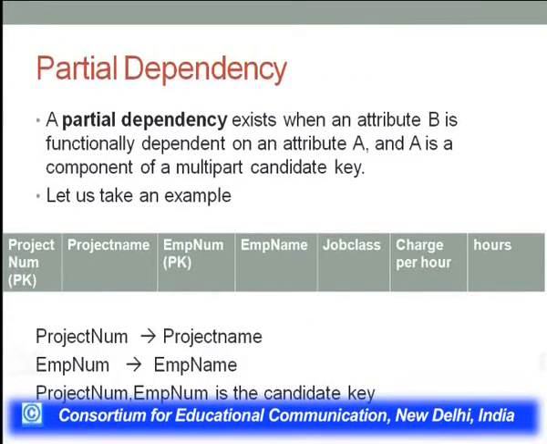So, besides functional dependency, there are other types of dependencies also. For example, a database has a composite key. A composite key basically is a key which is composed of more than one attribute. In this case, we will have attributes which are dependent on the complete primary key, but not a subset of it.